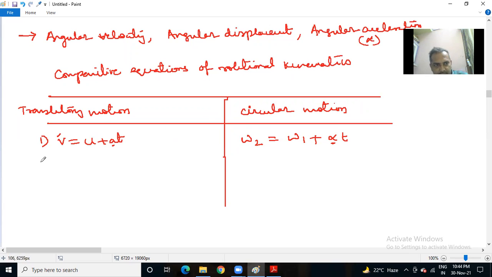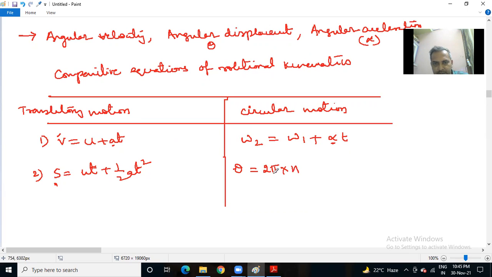Now let us write the second equation in translatory motion. It is S is equal to ut plus half at square. Here the linear displacement is replaced with angular displacement theta, and theta can also be written as 2 pi into n.